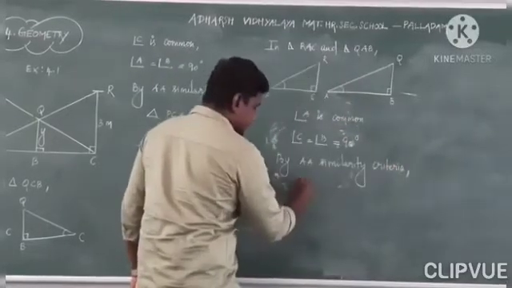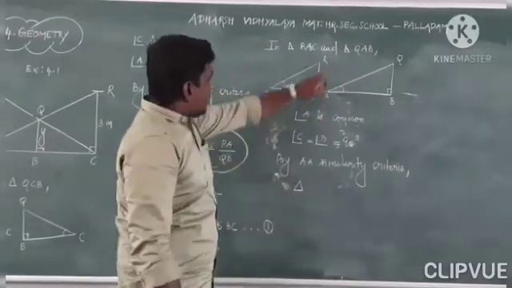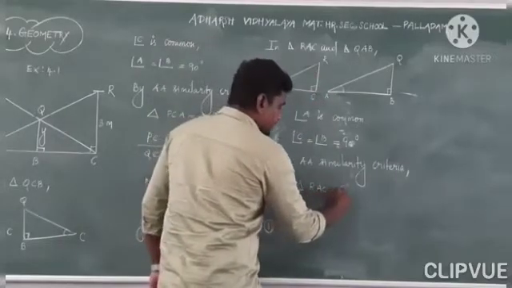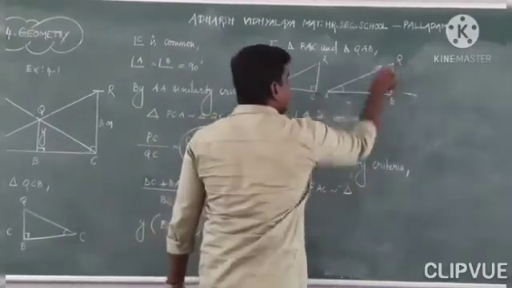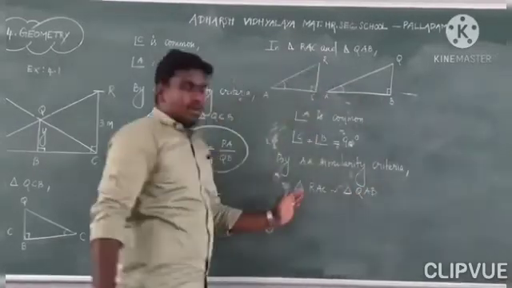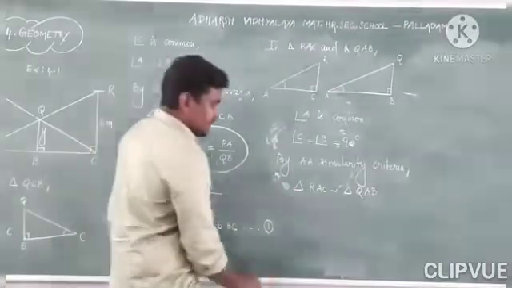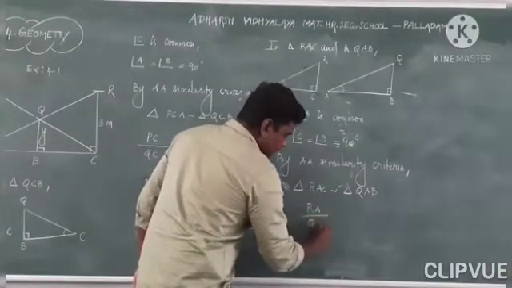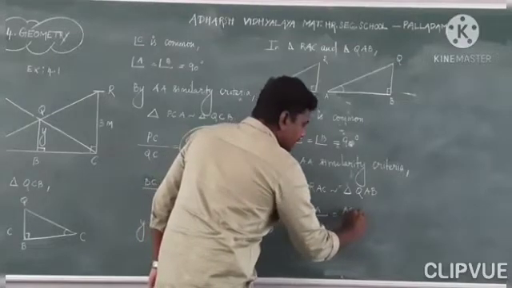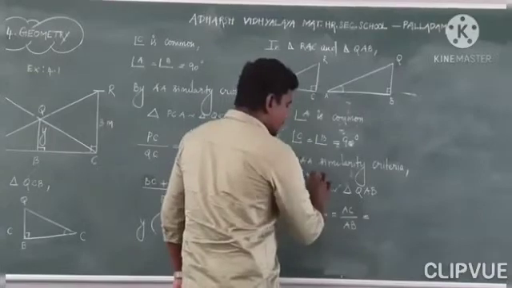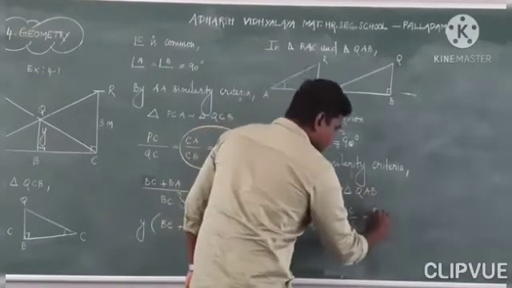So the two triangles, RAC and QAB, are similar. Now the corresponding sides are proportional. RA by QA is equal to AC by AB equals RC by QB.